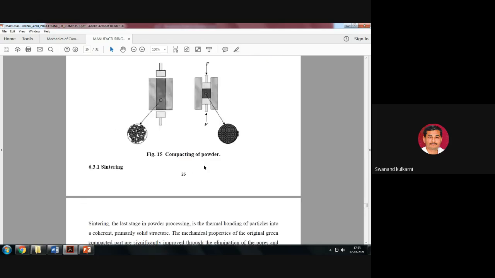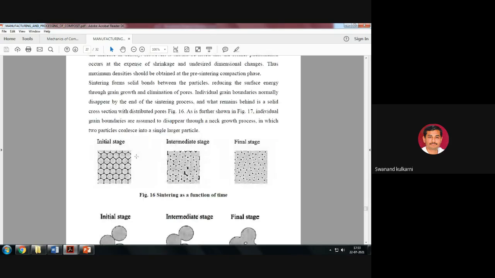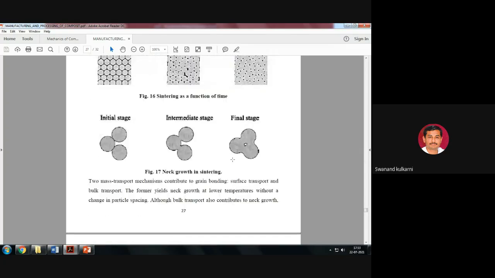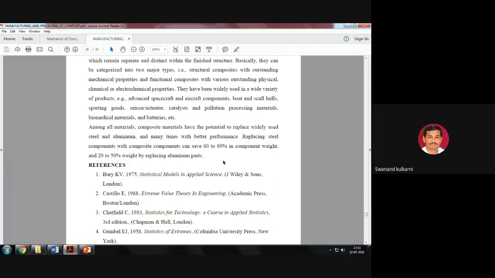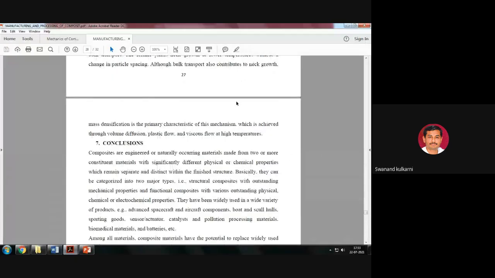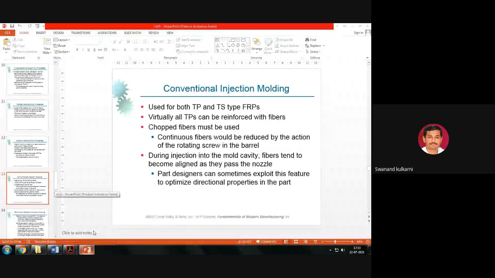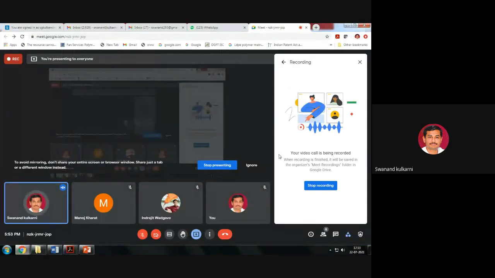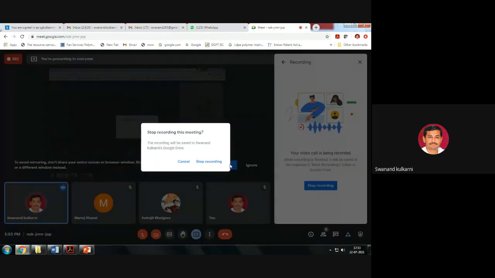Then that is compacted here. After compaction is made, the initial stage, intermediate stage, and final stage are shown here. So as usual, with powder metallurgical processes we can manufacture this kind of composite materials. Is it okay? So this is a brief of the different manufacturing processes of composite materials. Is it okay?